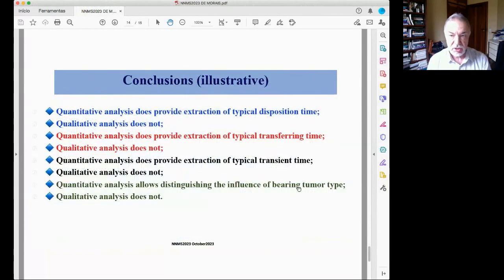So here are some illustrative conclusions about the benefits of using a mathematical model to understand and analyze the in vivo data.